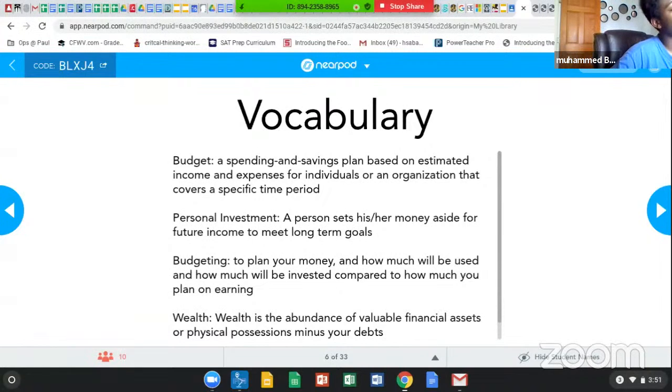Budgeting: to plan your money and how much will be used and how much will be invested compared to how much you plan on earning. Wealth is the abundance of value, financial assets, or physical possessions minus your debt. Very good. Thank you, sir.